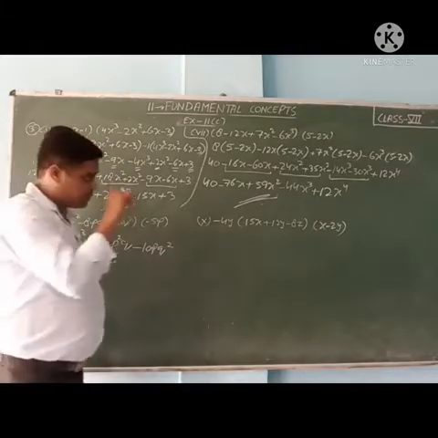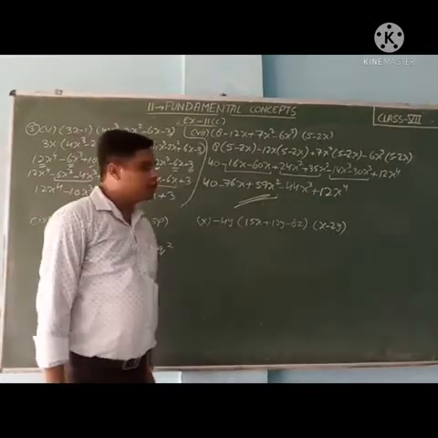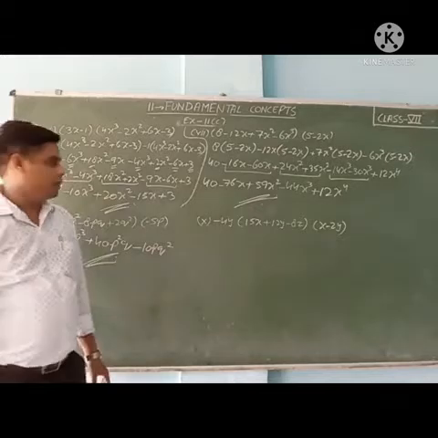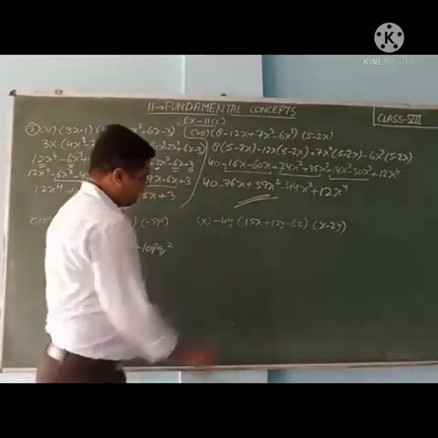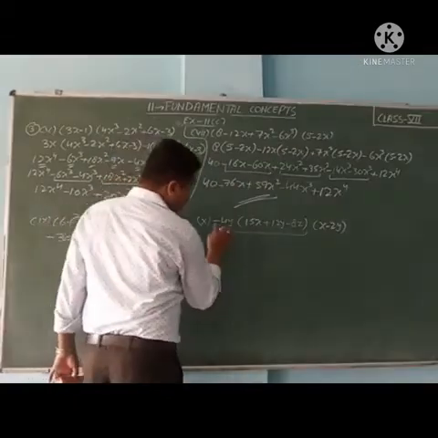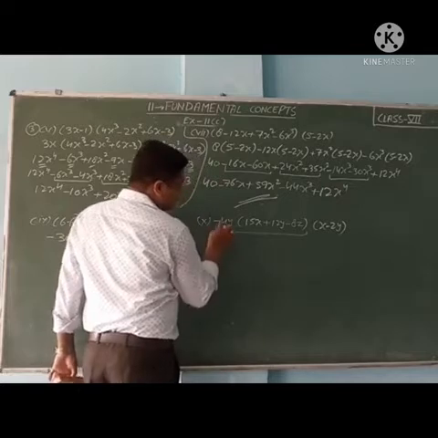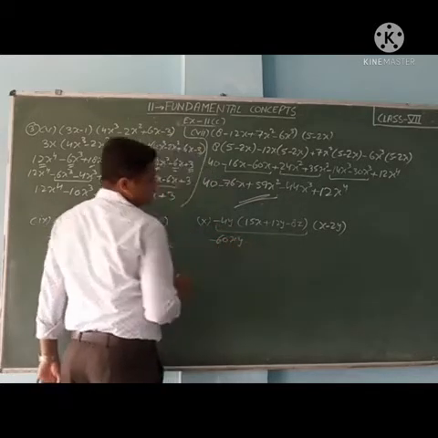So about 10th part. Students, here multiplication is given in 3 algebraic expressions. This is 2 and 1 and 3. So first do the multiplication of these 2 algebraic expressions. So minus plus minus 4 into 15 is 60xy.